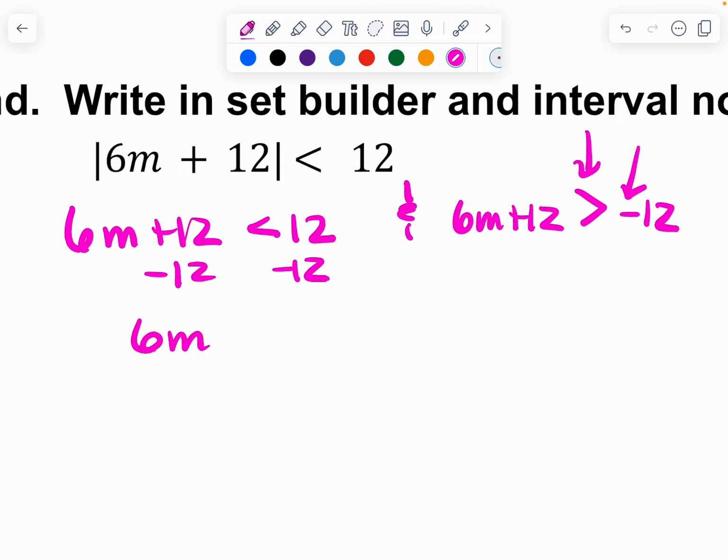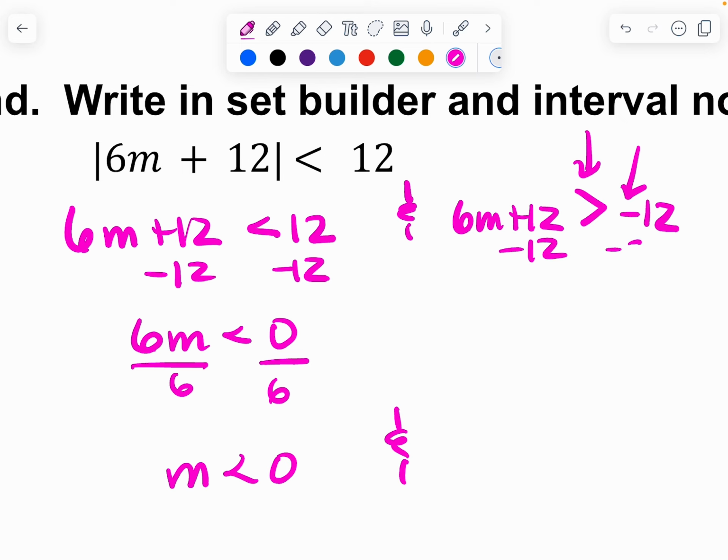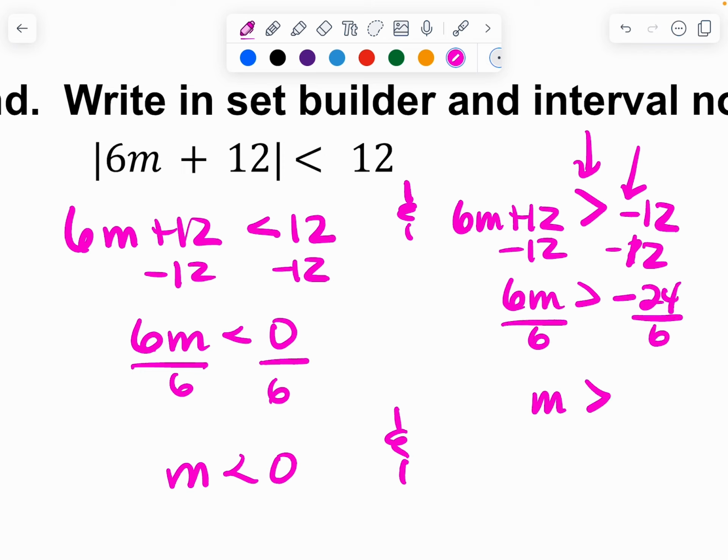I get 6m is less than 0. Divide by 6 and get m is less than 0. And subtract 12, 6m is greater than negative 24. Divide by 6 on both sides and get m is greater than negative 4.